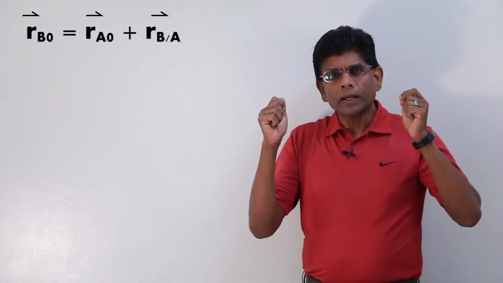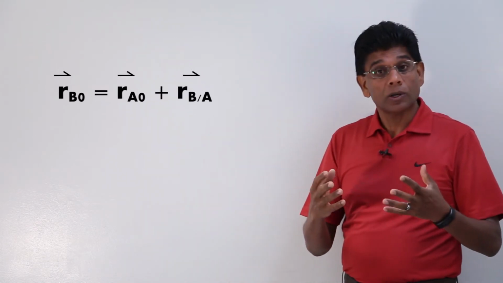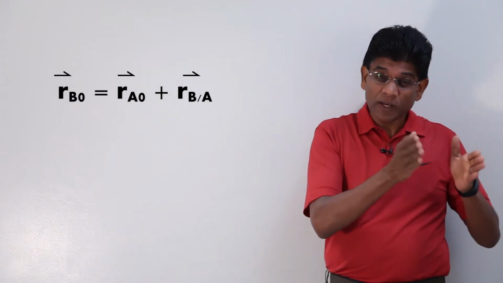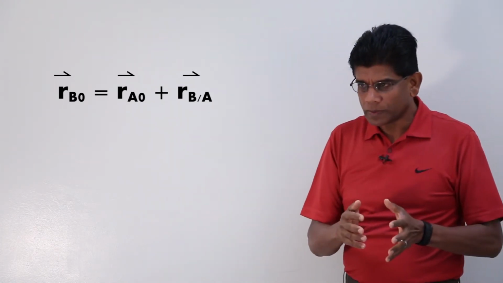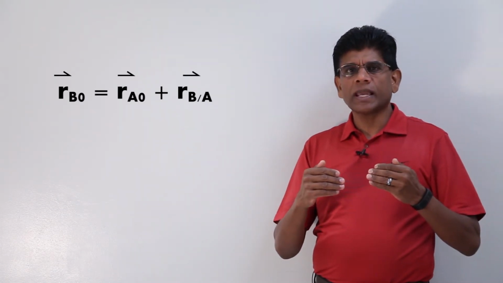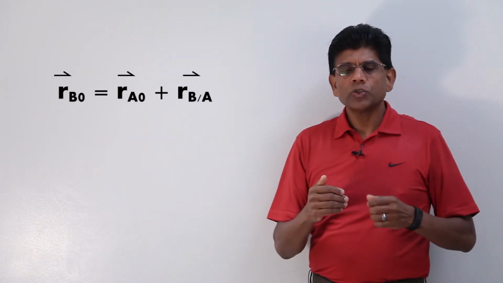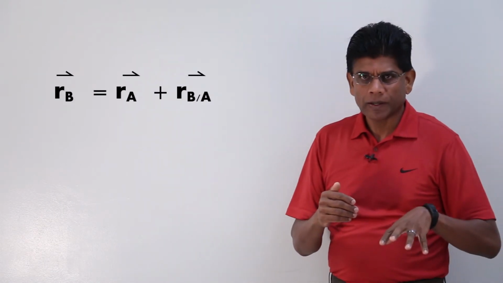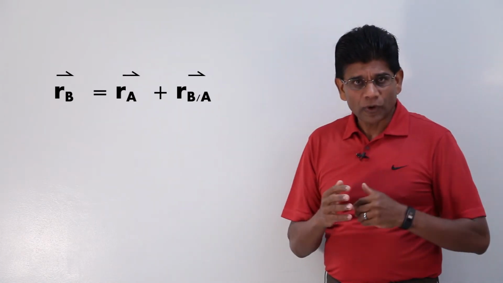Now, I want to make a little simplification here. When we talk about position or velocity or acceleration with respect to a fixed, non-moving frame, we normally use the word absolute. In such cases, we do not use a second subscript, in this case 0, in our notation. So we are going to drop this subscript and denote our equation in a slightly different way.